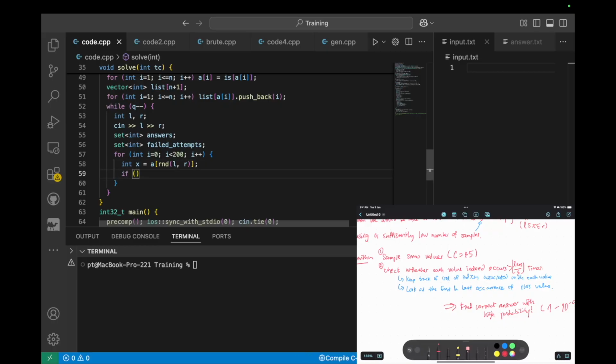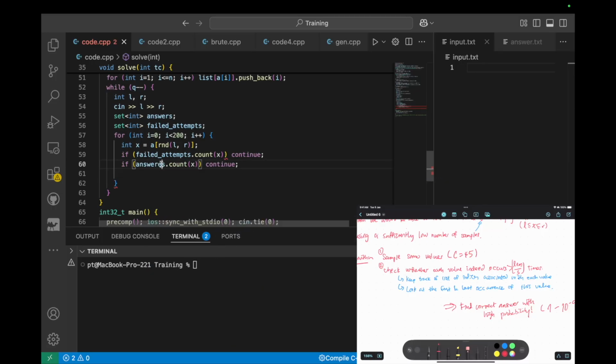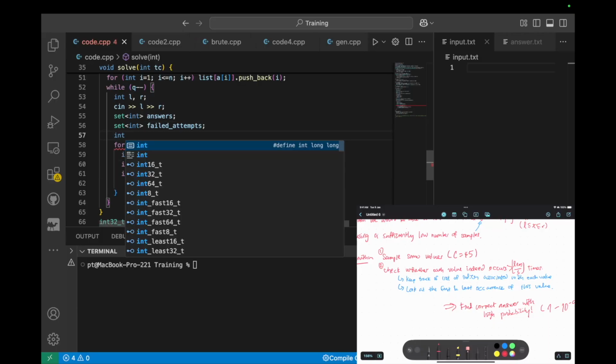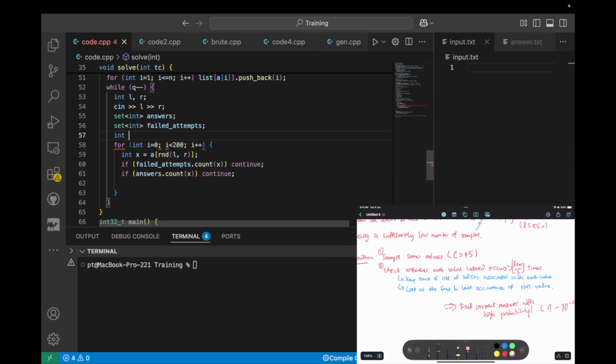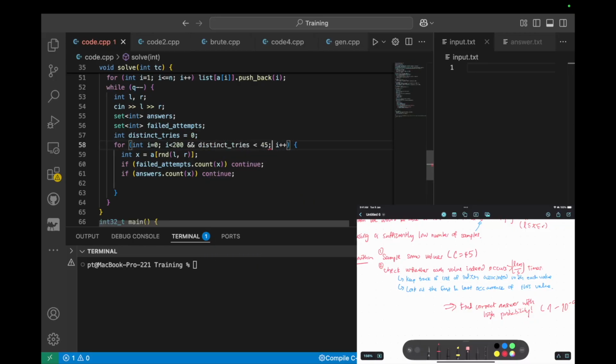Firstly, if failed attempts includes x, continue. If answers include x, there's no need to do anything as well. Here we should also maintain a global counter for the number of distinct values that we actually care about, distinct tries. And then we could say distinct tries can be at most 45.